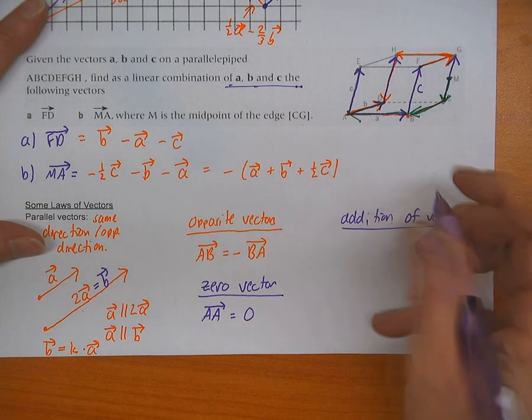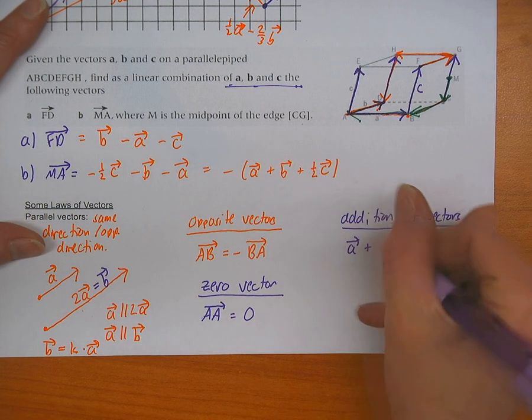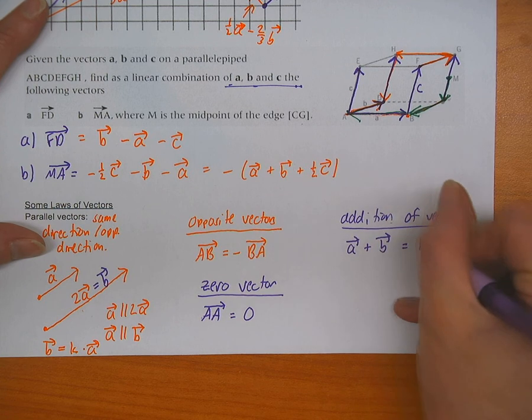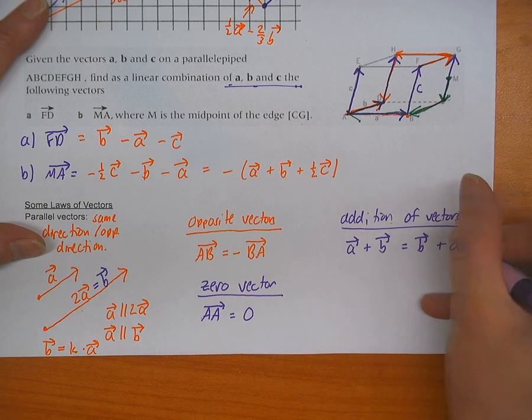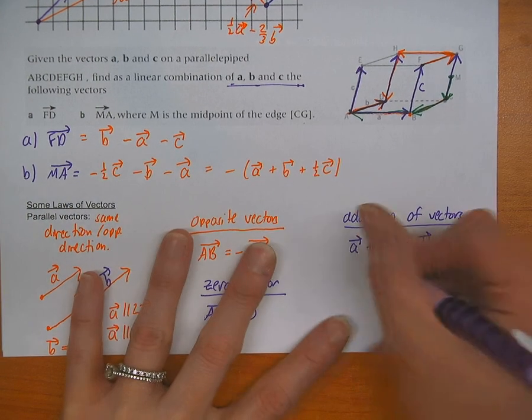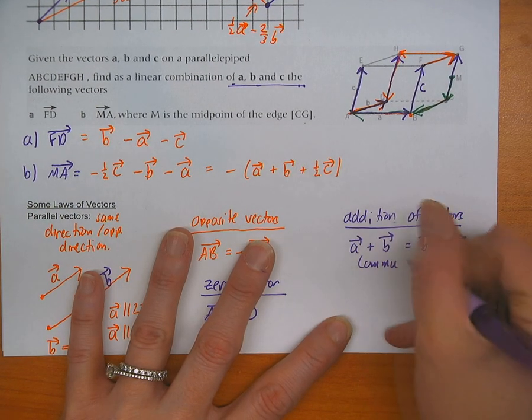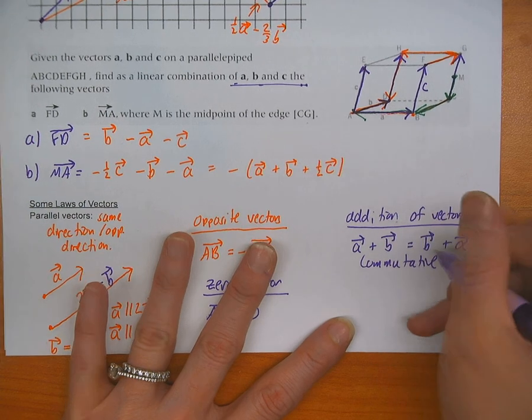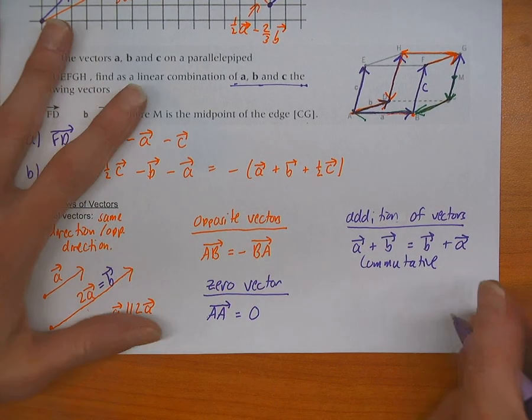If you tried to draw A plus B, you would get the same final result as if you did B plus A. So addition of vectors is commutative. It's also associative as well.